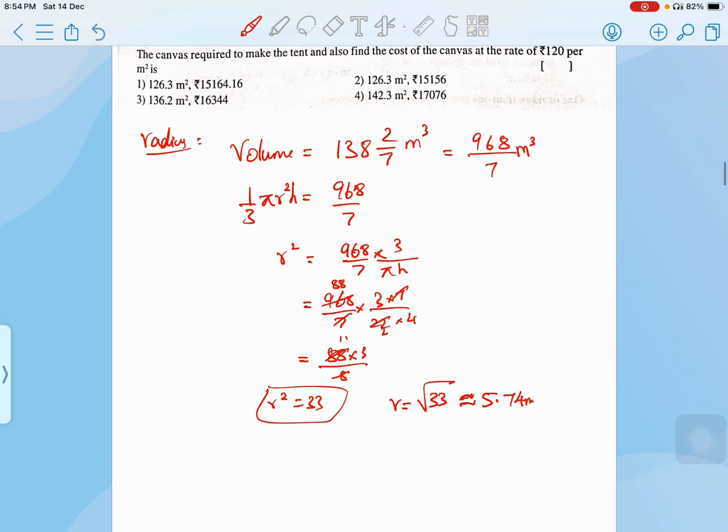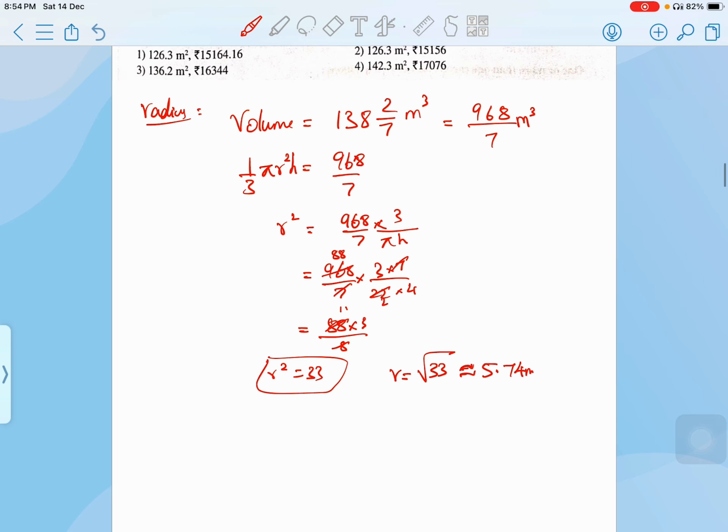Okay, so we have our radius and our height. Can you find the slant height?